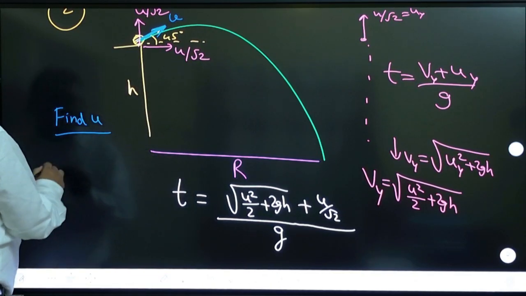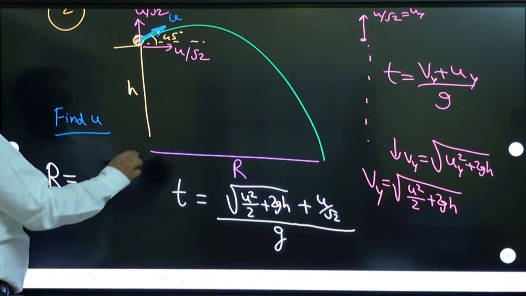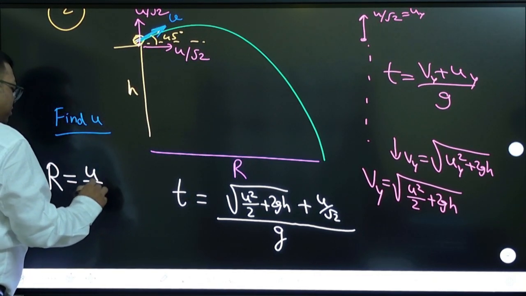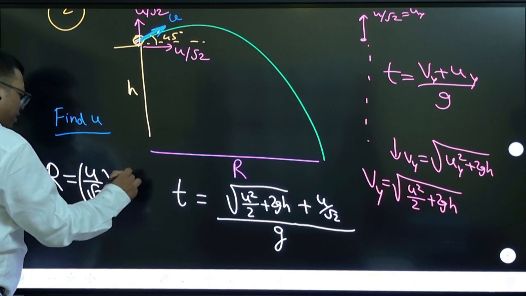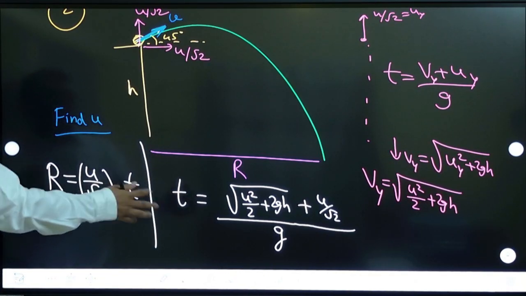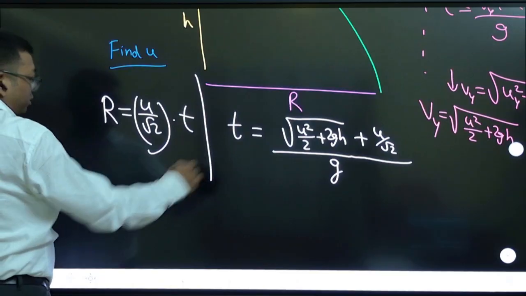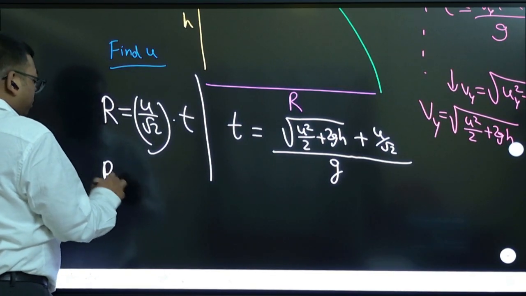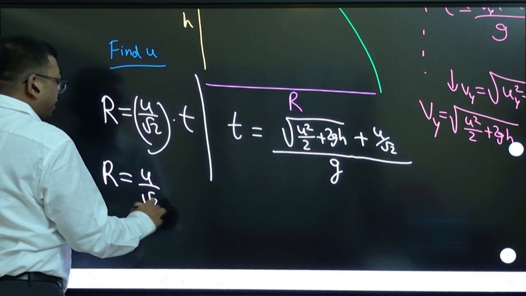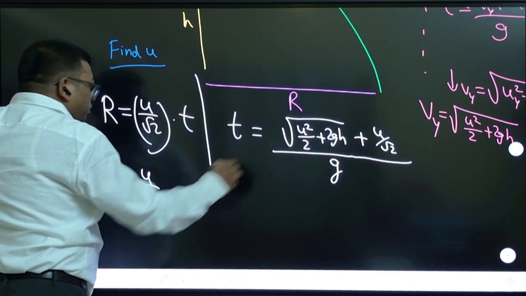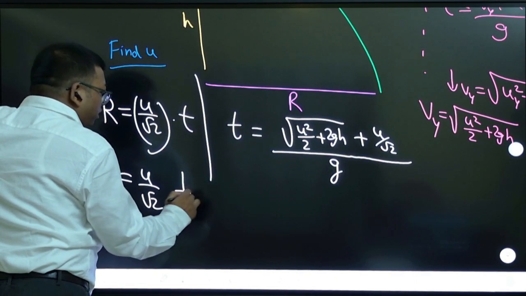Now this horizontal range r must be speed into time. So in this direction, speed is u by root 2 into this time t. Now that's all. We have to now simplify and calculate u from this equation. Try this. So substitute here and calculate. So r is equal to u by root 2 times this time. 1 by g factor is anyway out here.